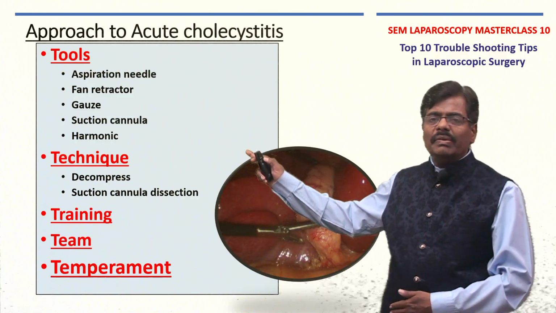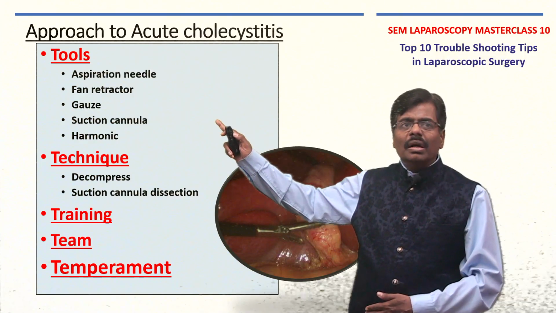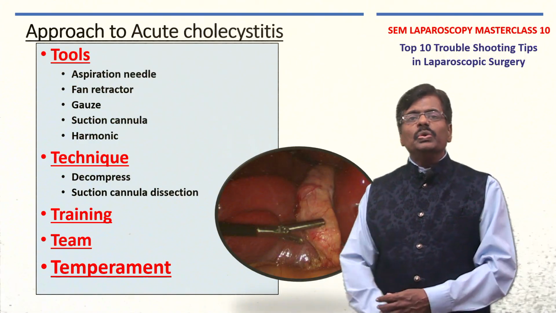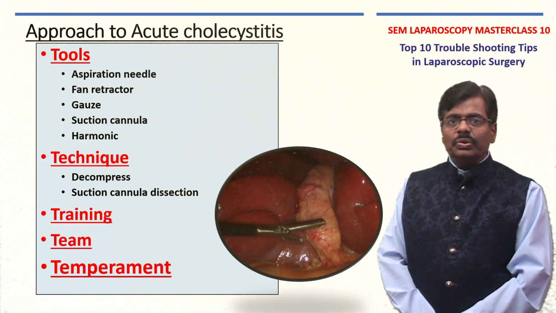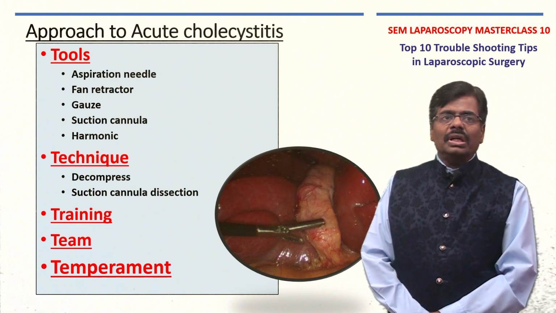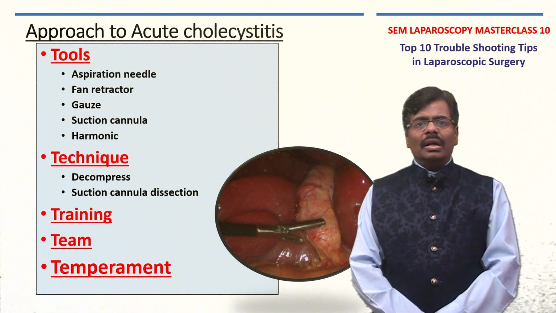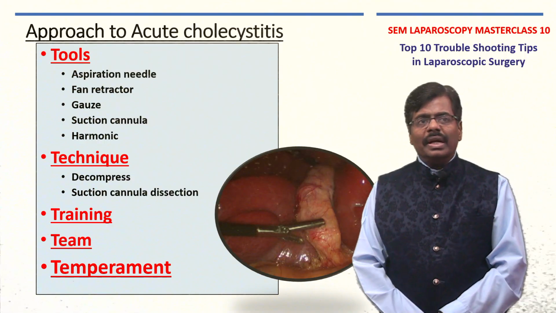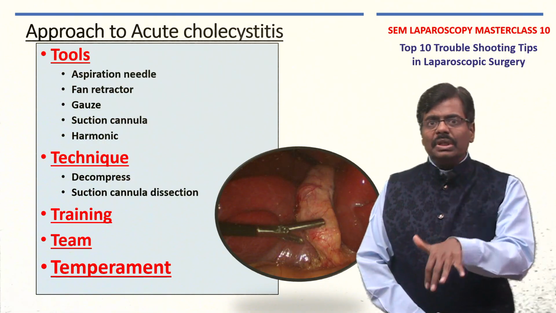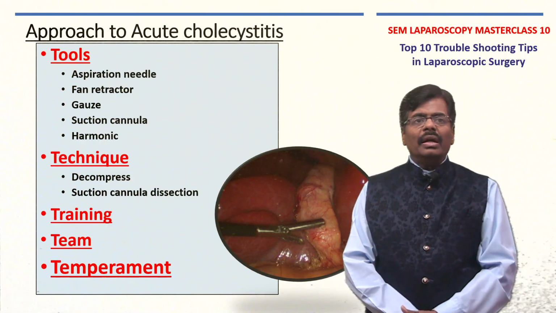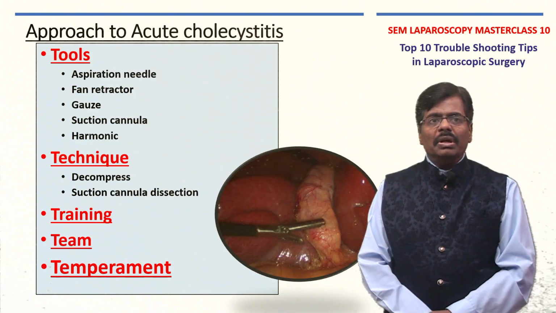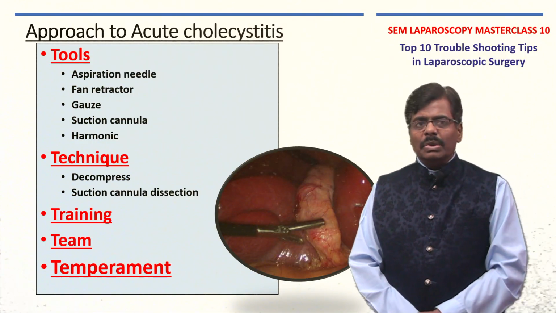For example, whenever I have an acute gallbladder, these are the minimum additional 5 tools which we normally do not use during an elective cholecystectomy. I would require an aspiration needle to decompress the gallbladder, I may require a fan retractor for depressing the omentum or a swollen phlegmon, a gauze dissection may be required, or a pack for troublesome bleeding.